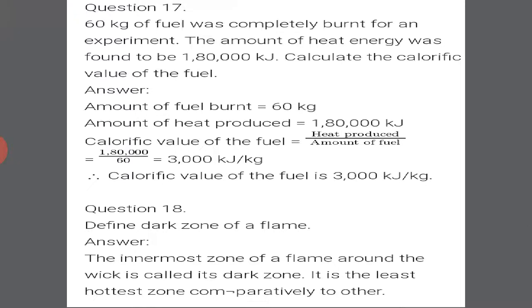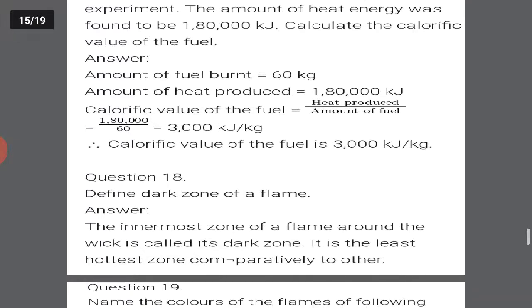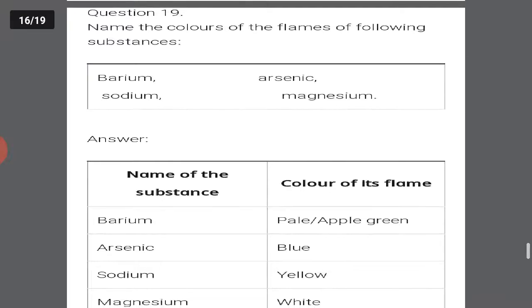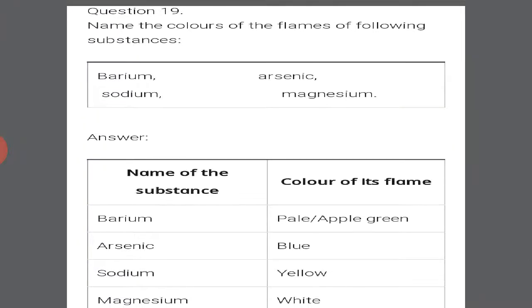Now, define dark zone of a flame. The innermost zone of a flame around the wick is called its dark zone. It is the least hot zone compared to the other zones. Let's move to the next question. Now name the colors of the flames of the following: barium, sodium, arsenic, magnesium.